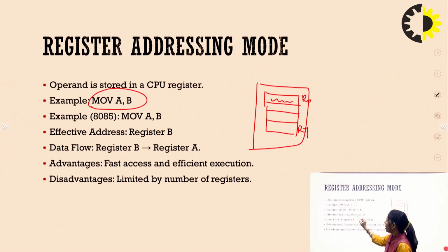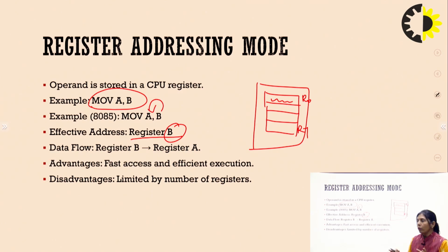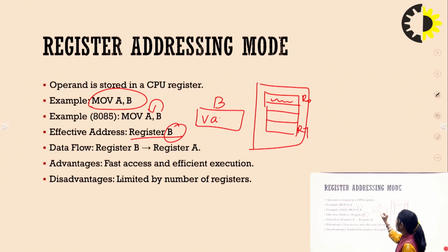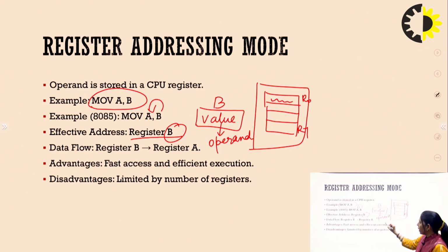The effective address is the register B, and the value which is stored in the register B will be given to A. Whatever value register B is containing will be our operand, and the register B is our effective address.